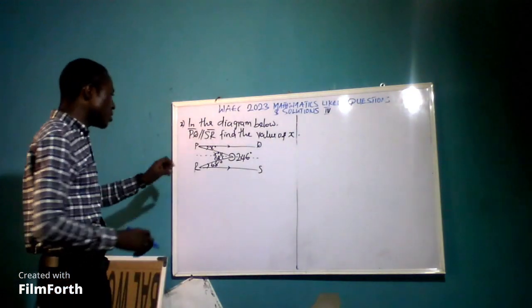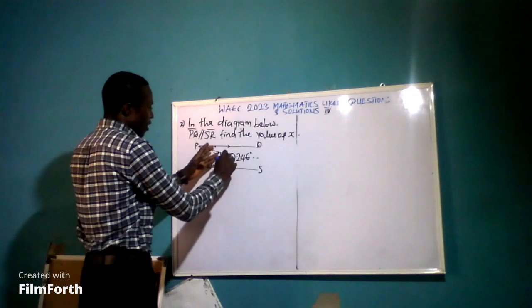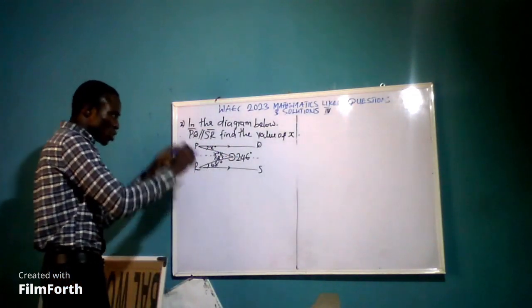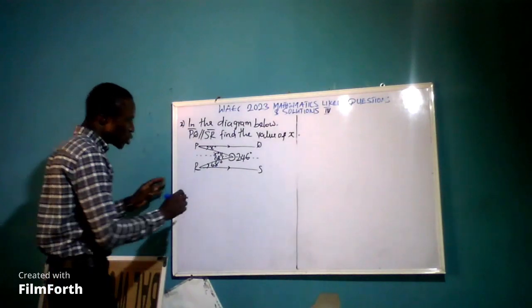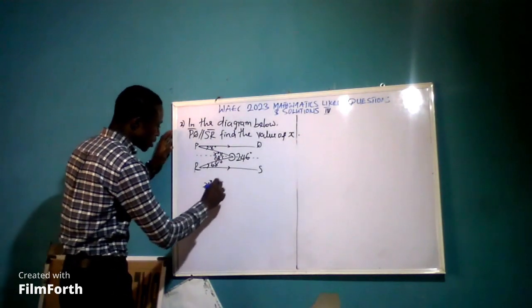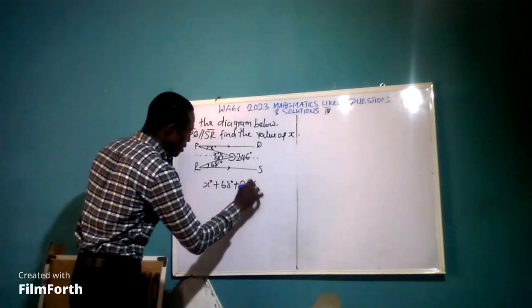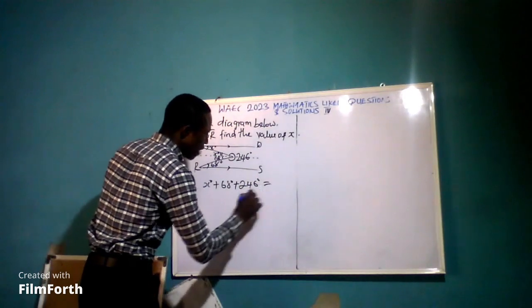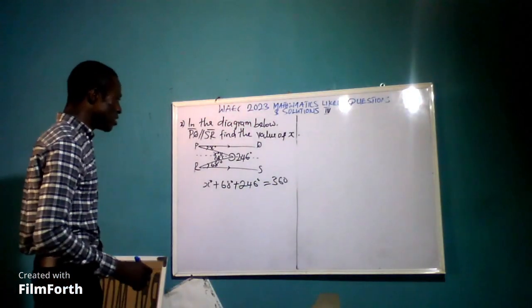So from this now, all these angles sum up to be equal to angle around a point. So we'll be having x degree, that is this angle, plus 68 degree, plus 246 degree. Everything sums up to be equal to 360, of course, angle around a point.